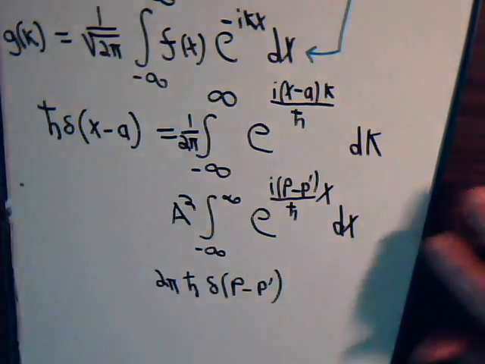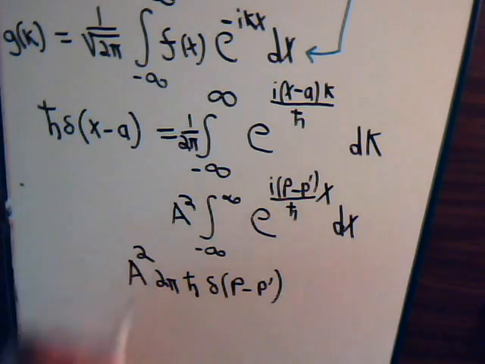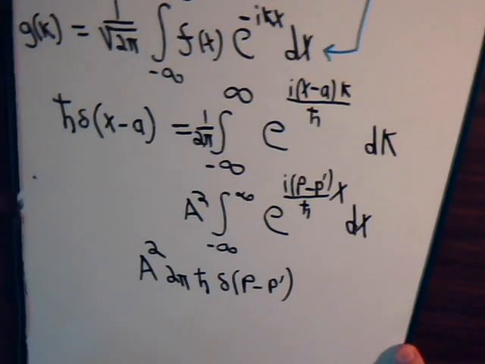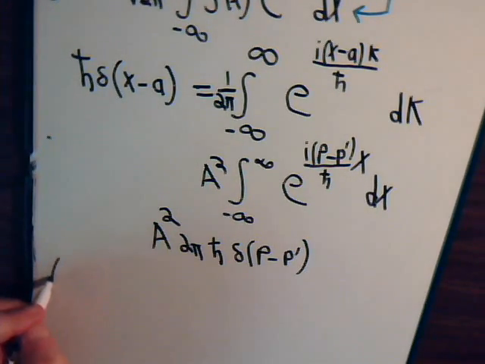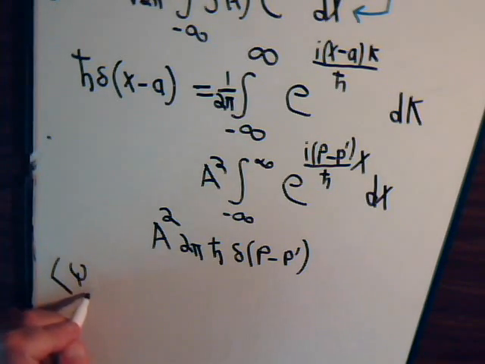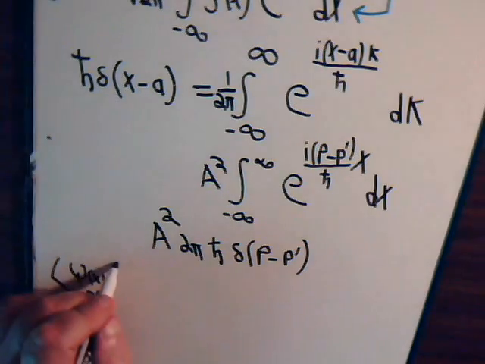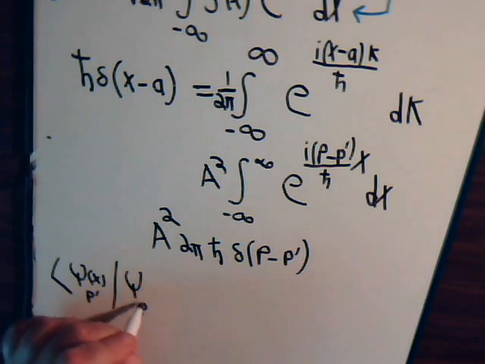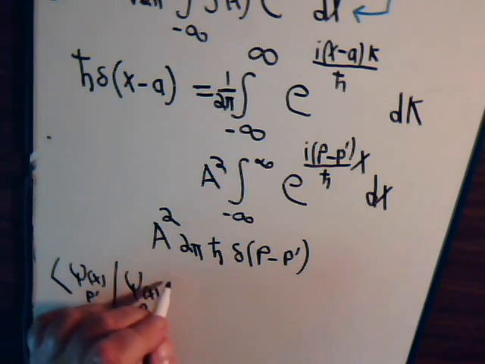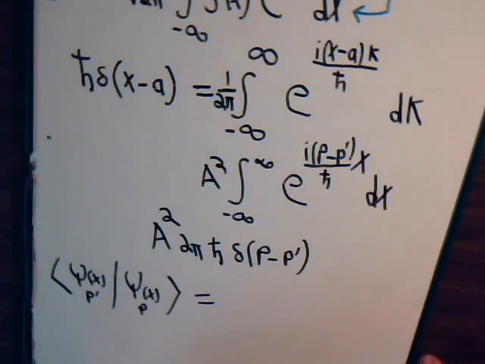And we also had a squared here. So what we finally have is that the inner product of two momentum operator eigenfunctions equals this expression.